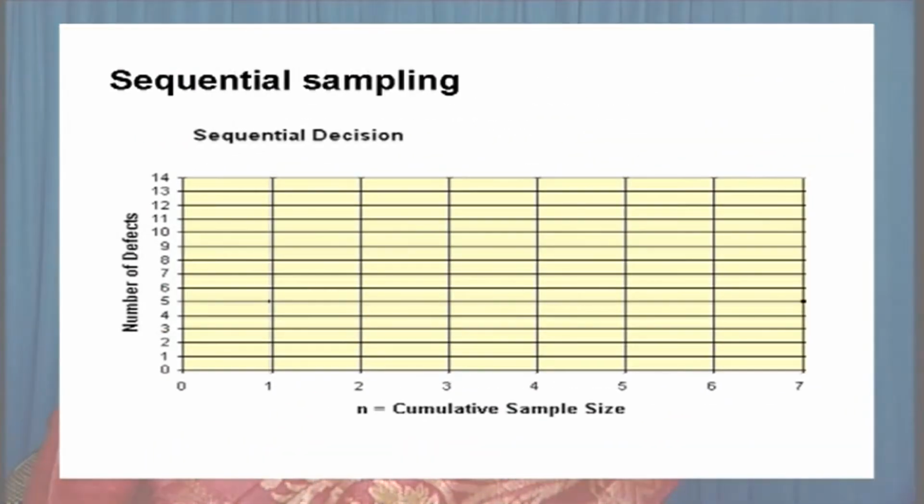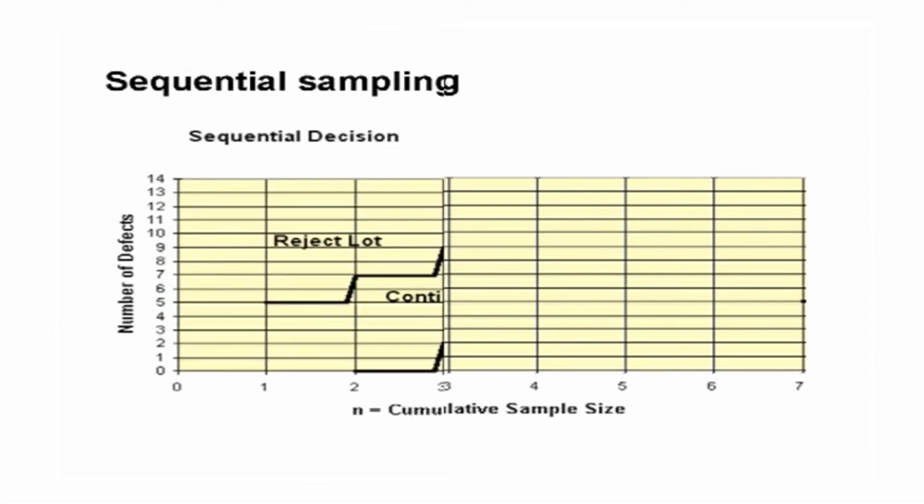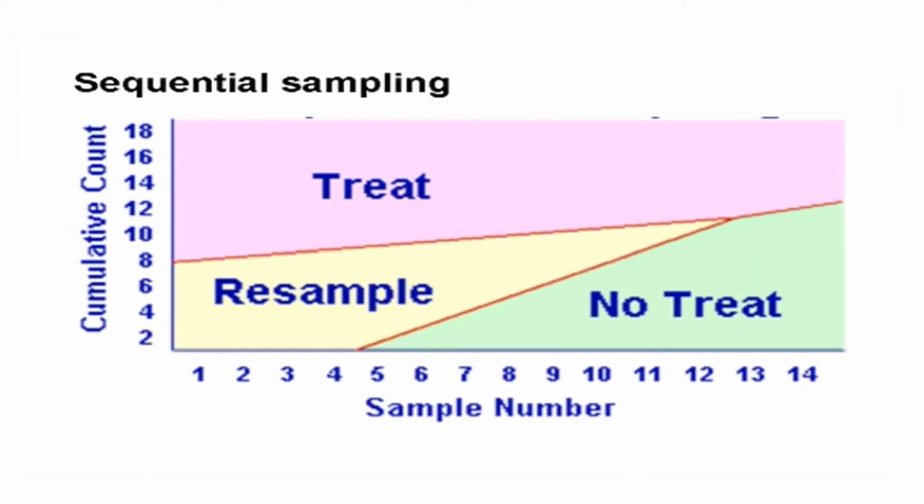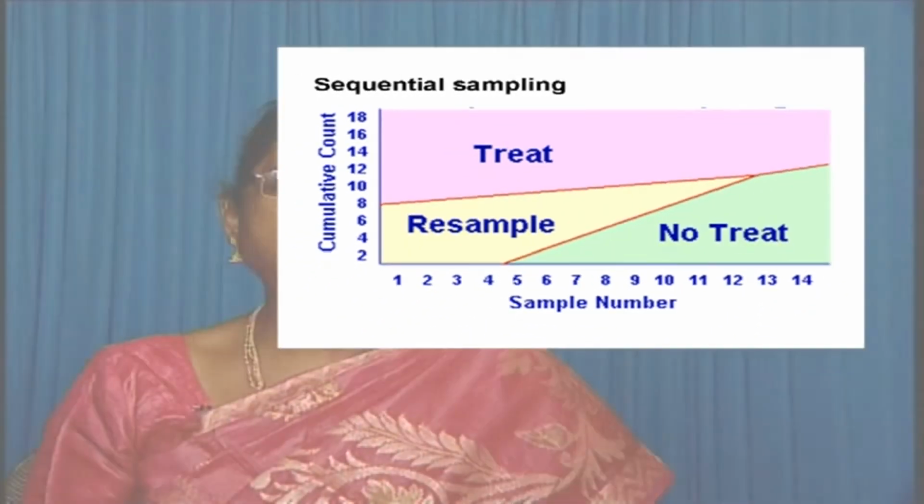For example, in marketing research, the sampling is continued till the time data are collected to establish the preferences of people. These are the important methods of probability sampling.